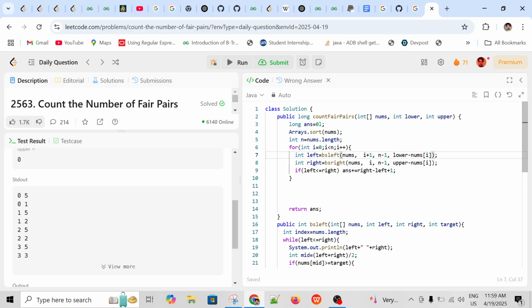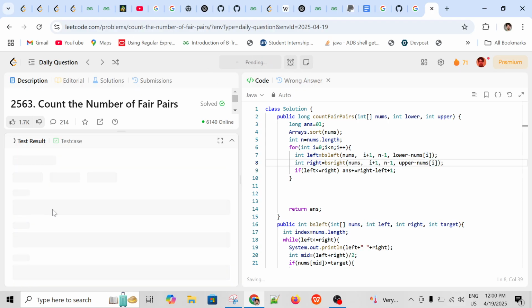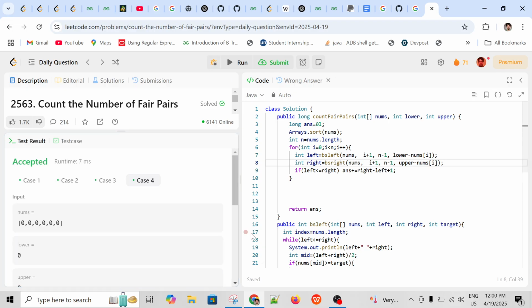Sorry, that's why this was happening, I guess. Because you are already considering the current element here, we will have to start from the next index. So that's why this was giving us the wrong output.